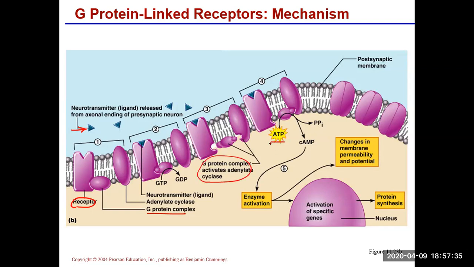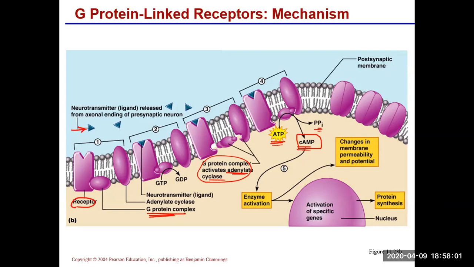Adenylate cyclase hydrolyzes ATP to cyclic AMP. Two of the phosphate bonds break, and now this is called the second messenger. This is as far as what we got. All these molecules, one triggering another, G protein triggering another, it's kind of like dominoes falling. And this cyclic AMP causes the cellular response.